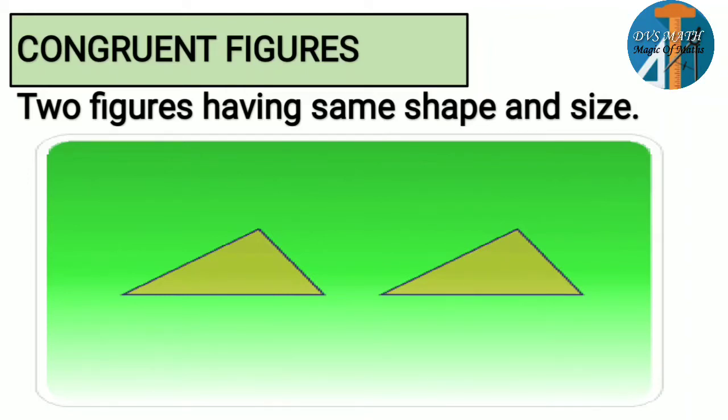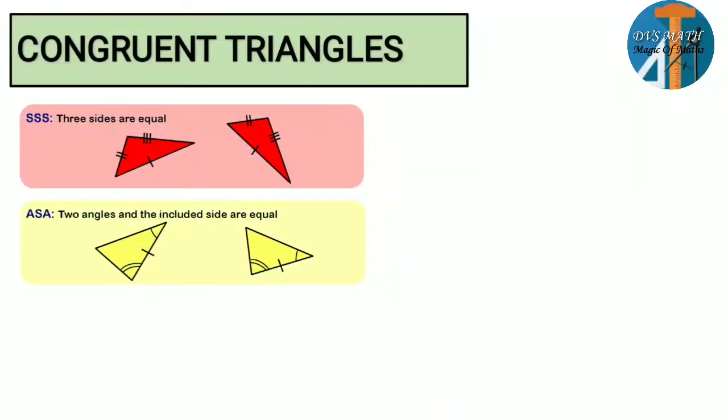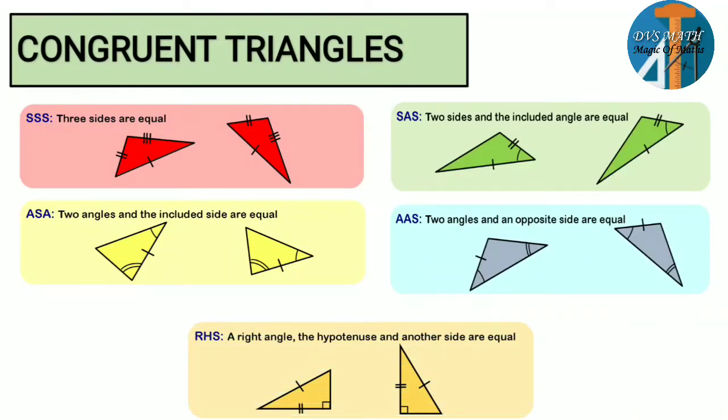Here we are also going to consider congruent triangles. In 9th standard, you learned congruences like SSS congruence, which means if three sides are equal, the triangles are congruent. ASA means two angles and one side. SAS means two sides and the included angle are equal.